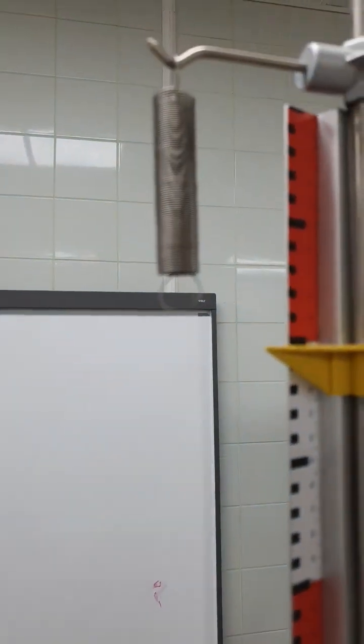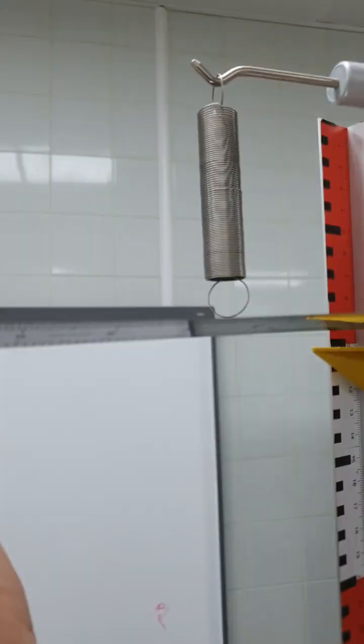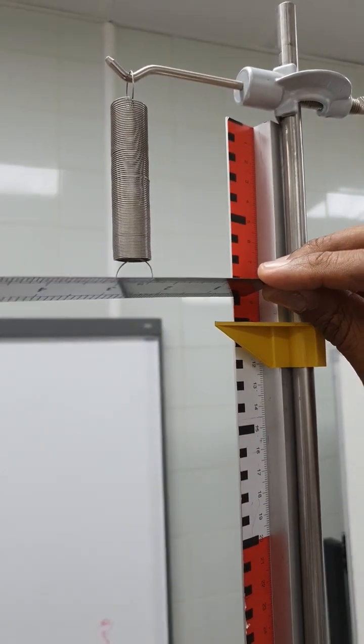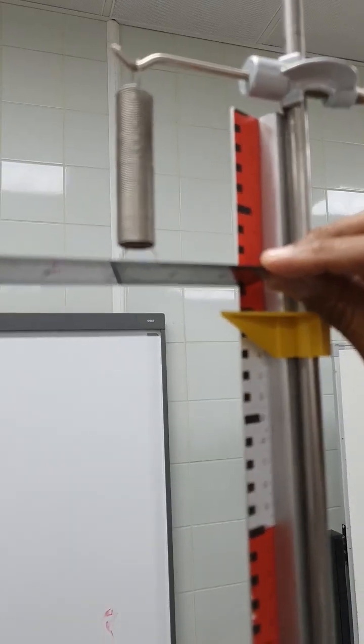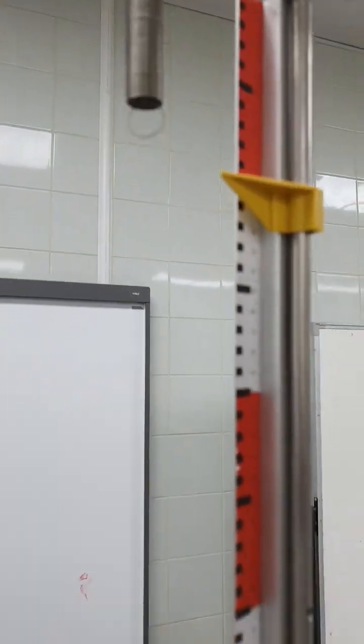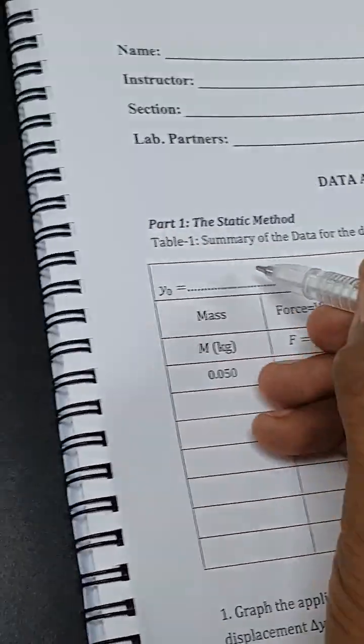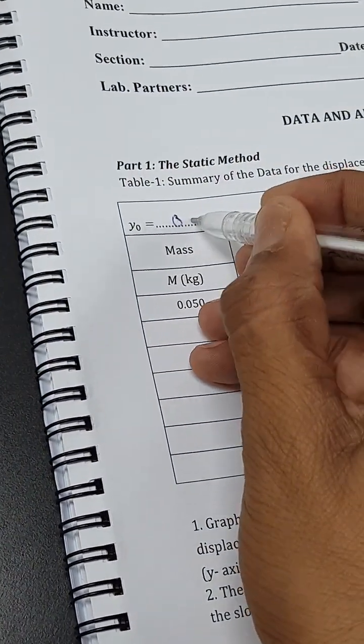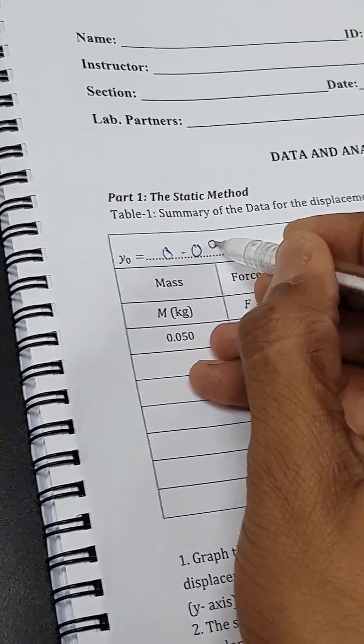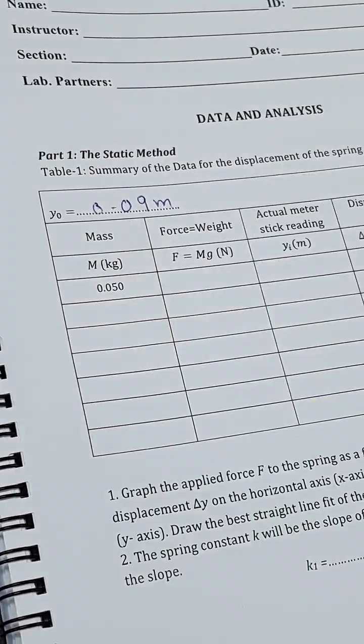We measure it: it is 9 centimeters. So we write it here: 9 centimeters is equal to 0.09 meters. We convert it to meters.